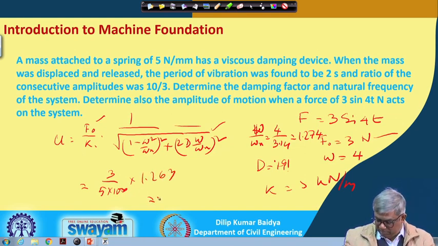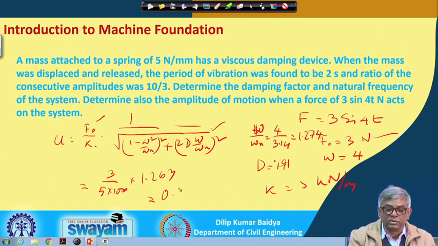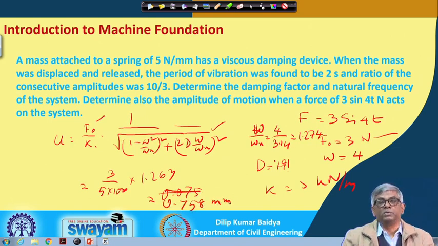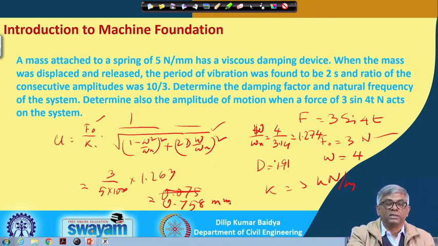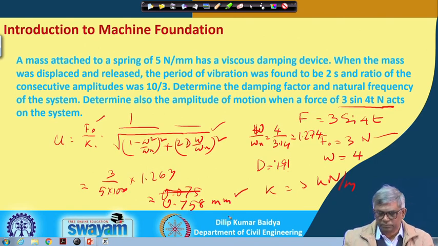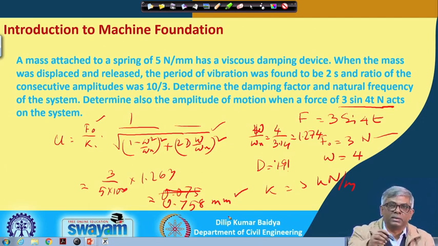So, if I put this, then it becomes 0.758 millimeter. So, the amplitude of vibration, when the system vibrates with a force equal to 3 sin 4t, will become 0.758 millimeter. Okay. So, this is problem number 3.